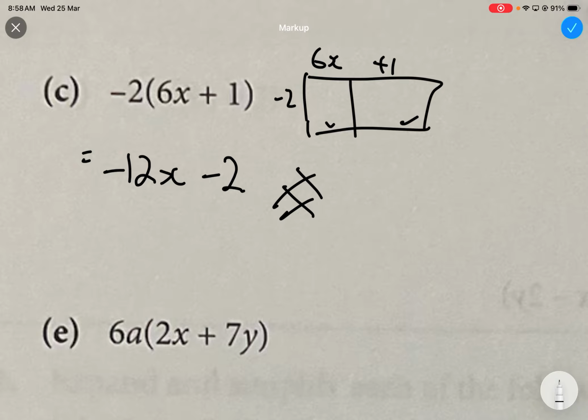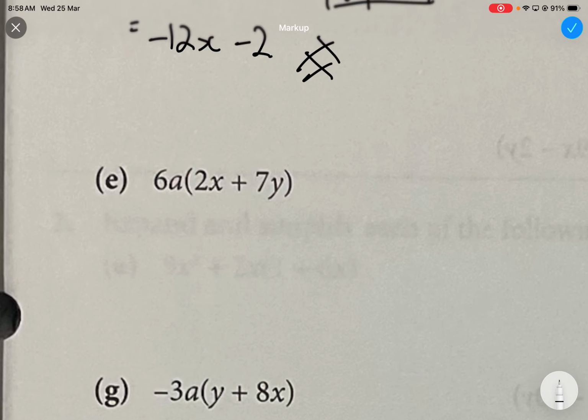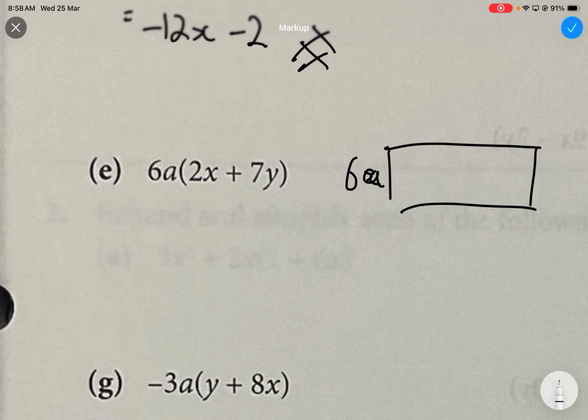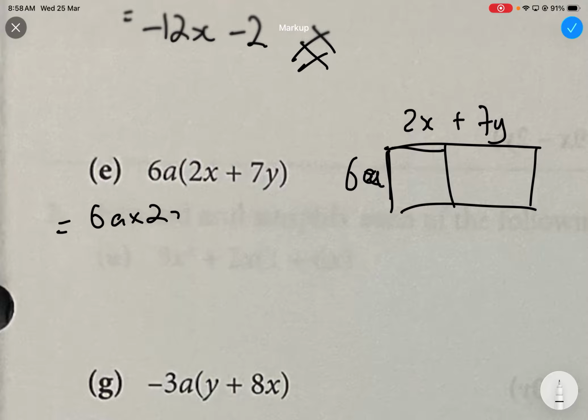Hey, I do H now. So what is the big picture? Let me ask Jessica. What is the big picture here? Hey, listen. Jessica, are you able to answer me? What is the big picture that is happening here in this expression?